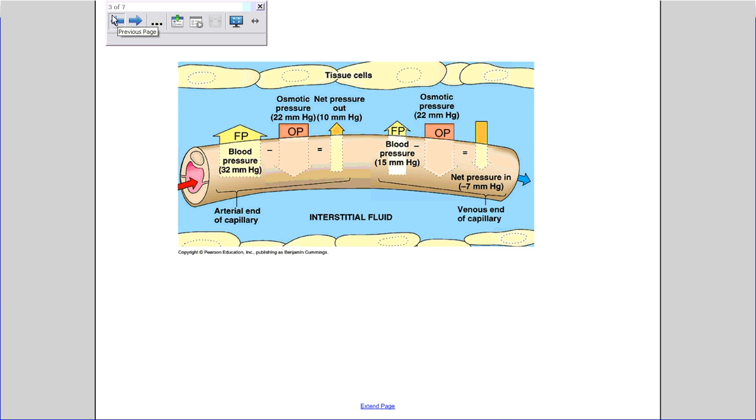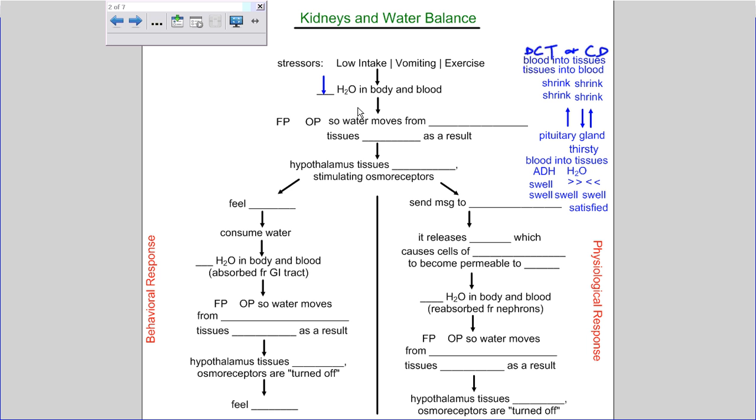So we'll go back to this diagram. Okay, so we said that water in the body and the blood are lower than normal. So if water in the blood is low, then fluid pressure is going to be less than osmotic pressure. Okay?